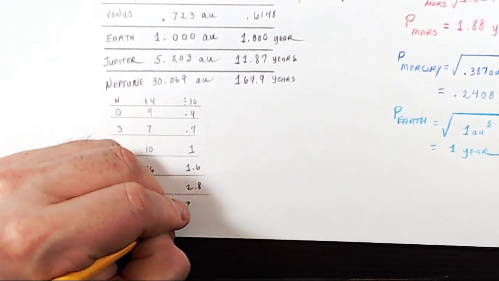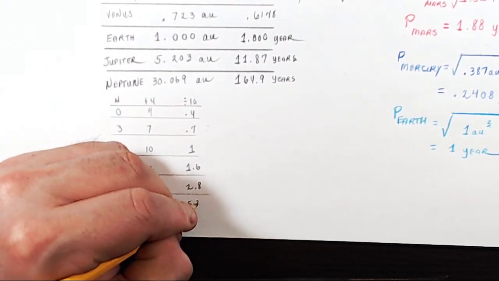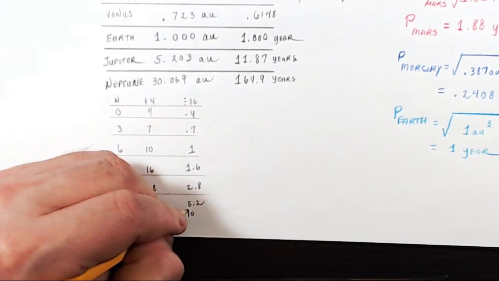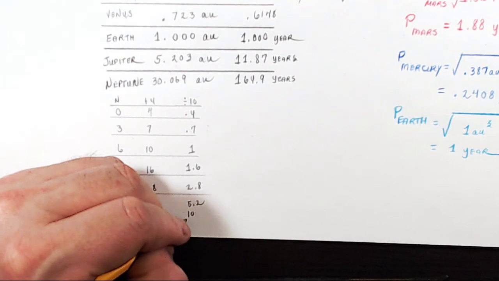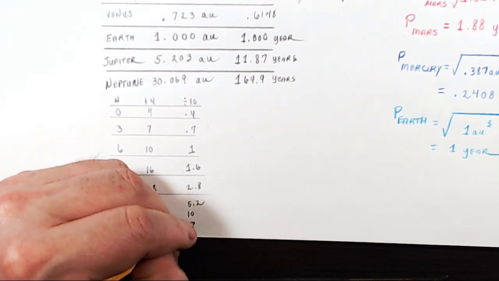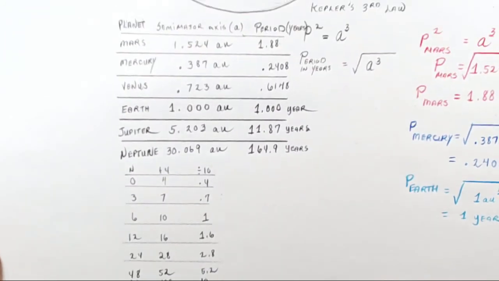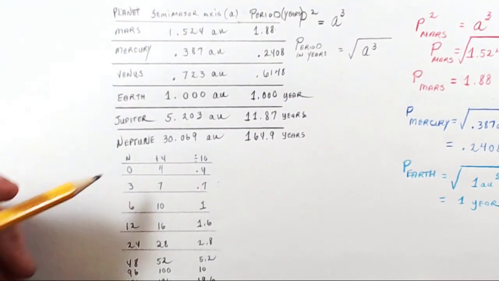Divide by 10, 5.2. Divide by 10, 10. Divide by 10, 19.6. What are we finding? What is this?